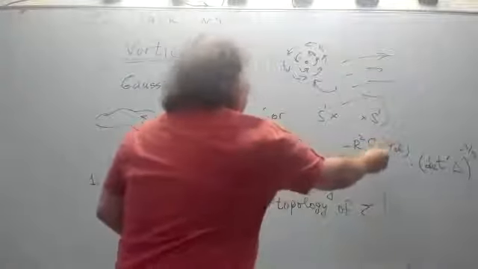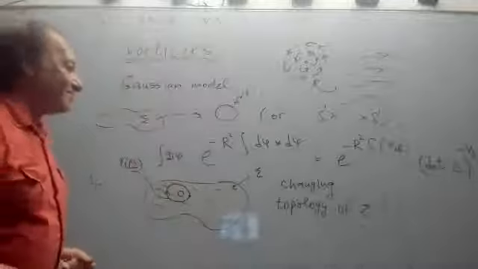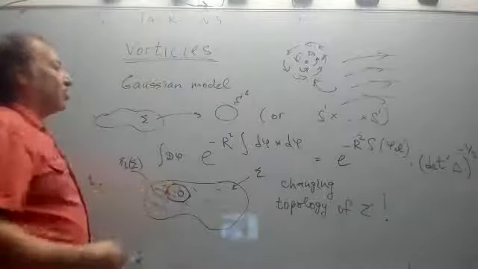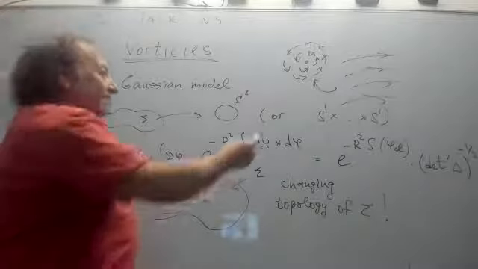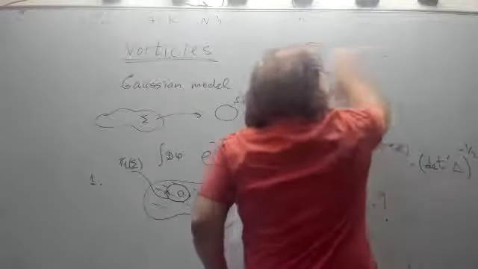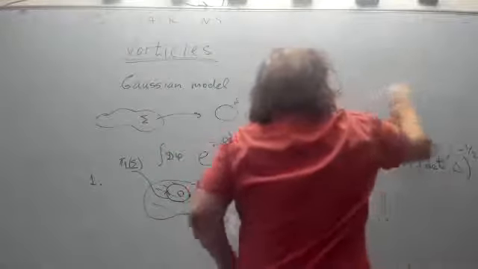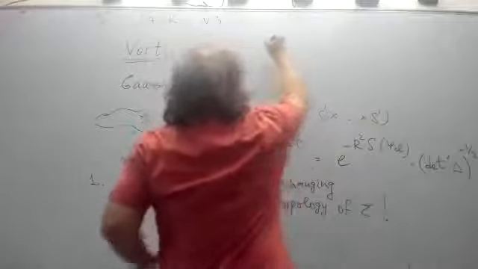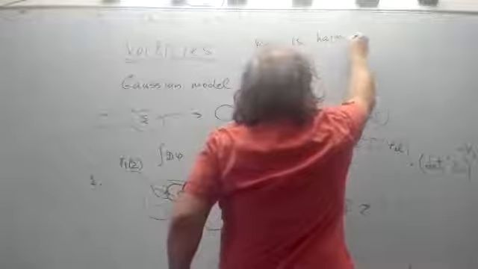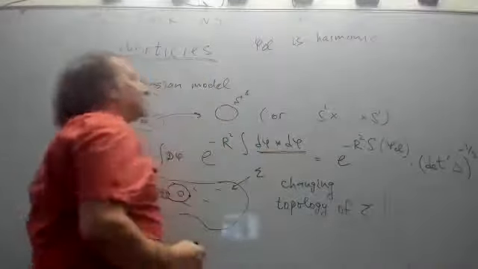So they are here. Okay, so just imagine that you have this hole. The classical solution is of course harmonic. So phi classical is harmonic. How do you know it? From this action.